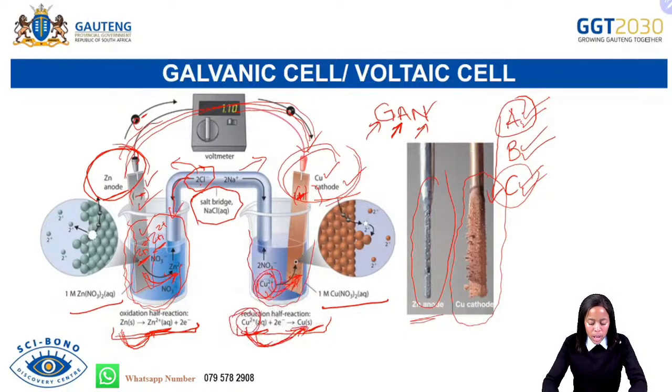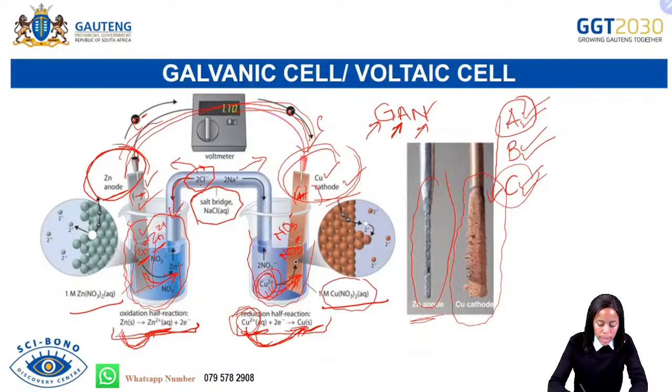In the number of Cu2+ ions in solution. So at the copper electrode, we are going to have a lot of nitrate ions in solution. Where are the nitrate ions coming from? They are coming from the electrolyte there.